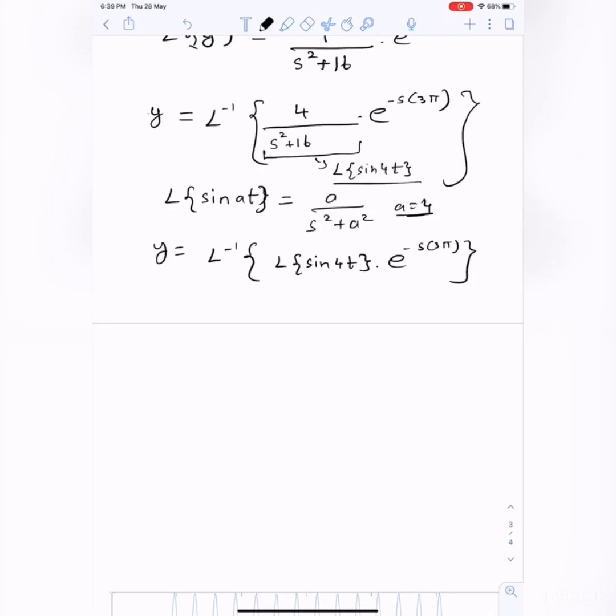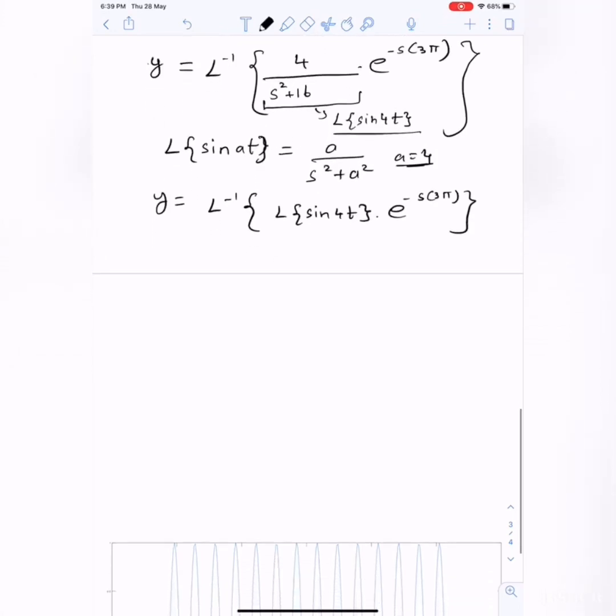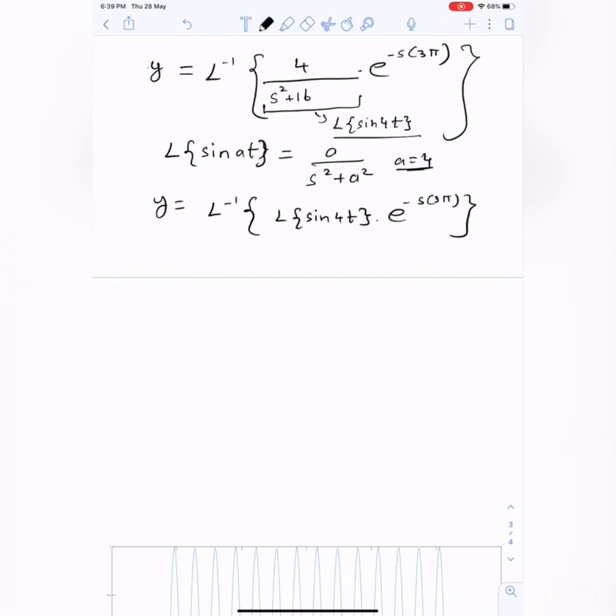Okay, there is another formula as well. So we know that the Laplace of mu c of t times f of x equals e to the power minus sc Laplace of f of x, where x is equal to t minus c.